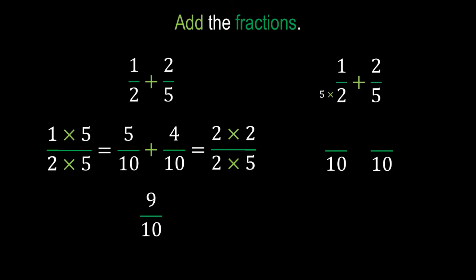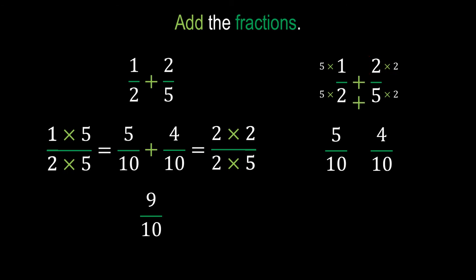So we multiplied the same number with the numerator, and 5 times 1 equals 5. Then we multiplied 2 with the denominator of the second fraction to get 10. So we multiplied the same number with the numerator, and 2 times 2 equals 4.